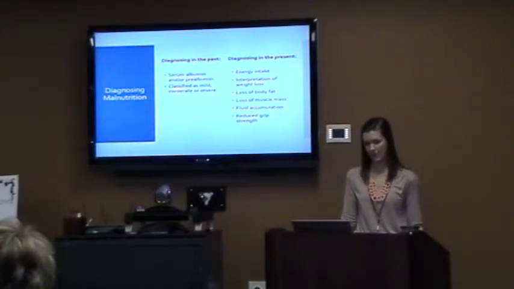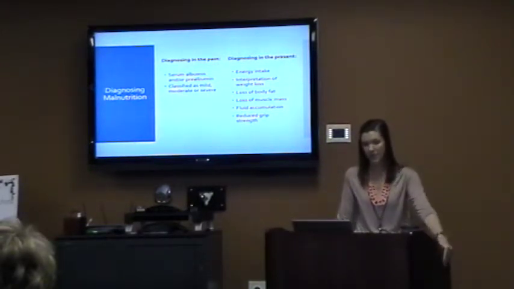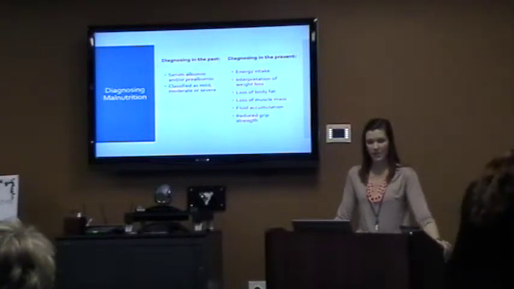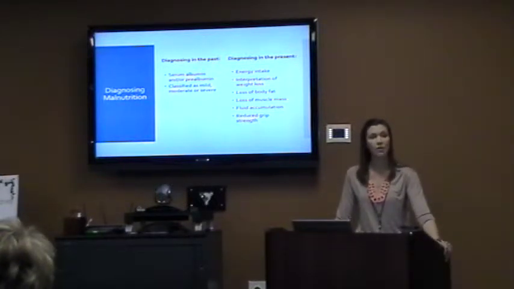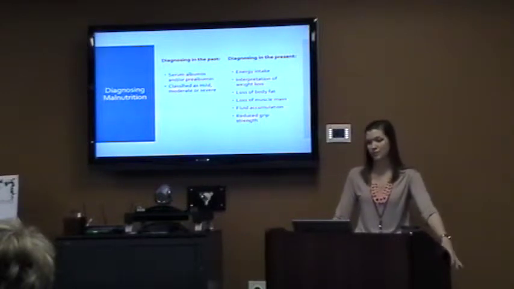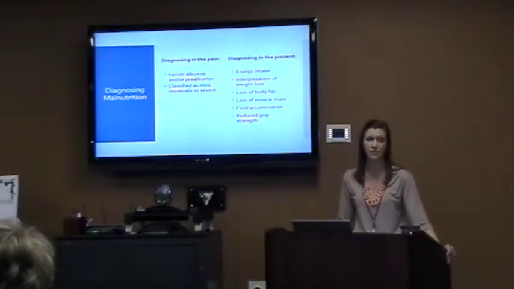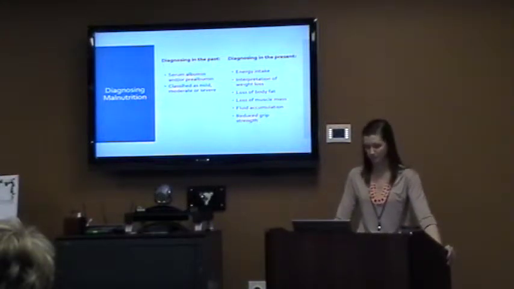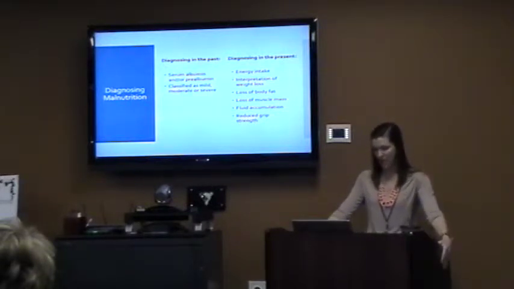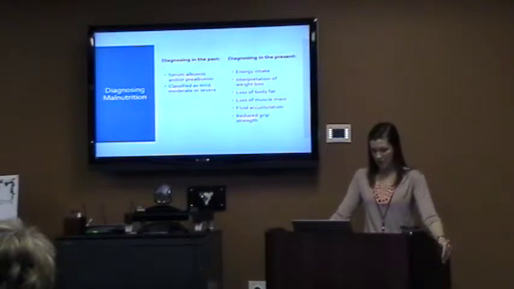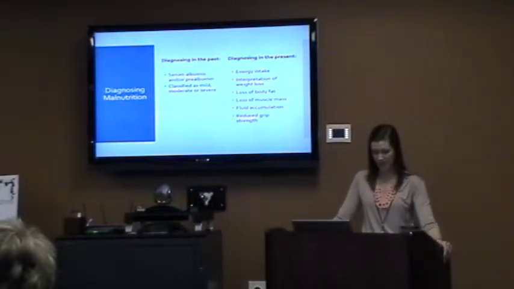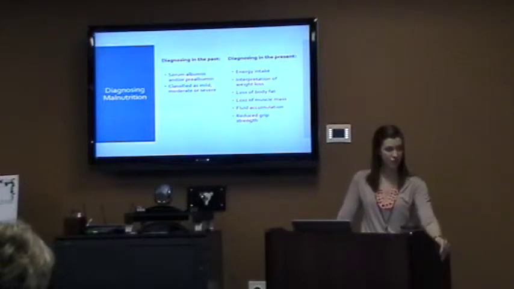So how is malnutrition diagnosed? In the past, it was different than how it is diagnosed now. In the past, it was diagnosed by looking at albumin, pre-albumin, and classified mild, moderate, severe based on these lab findings. And now it's more based on nutrition assessment, physical findings. So what changed here is serum albumin and pre-albumin are negative acute phase reactants.